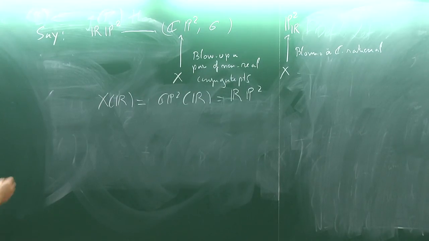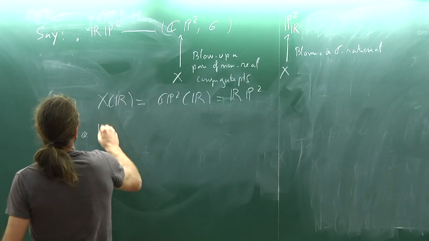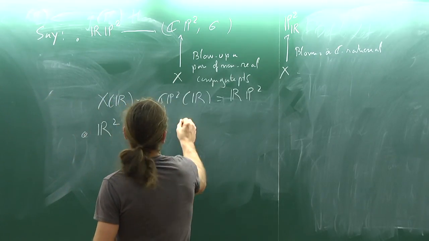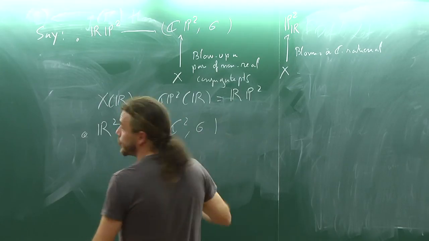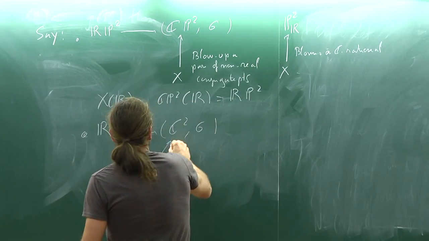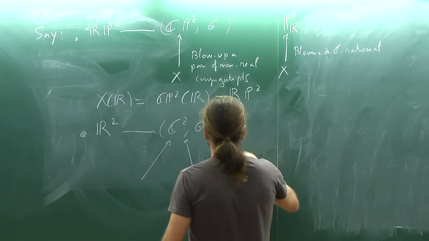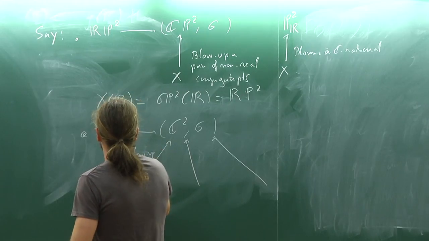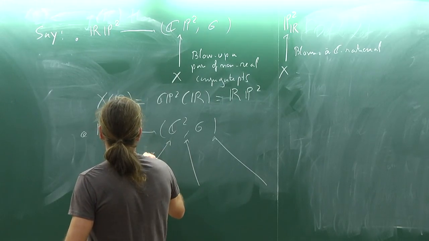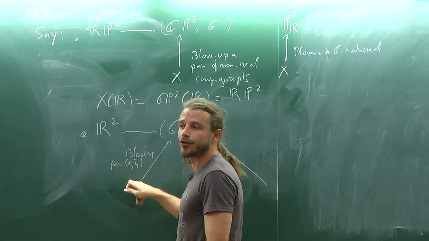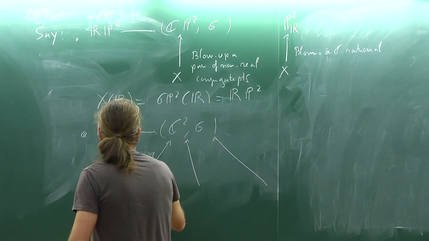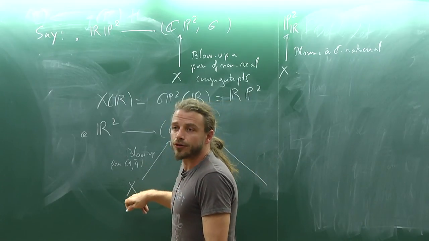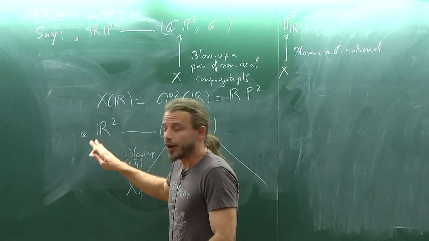And you can try to do exactly the same for R2, for instance. So you go from R2 to C2 with the standard involution. And now you have many other things you can do. Say, blow up a pair, say Q, Q bar, so a pair of non-real complex conjugate points. This gives you one other model, and for the same reason as above, the real locus of this guy is still R2.